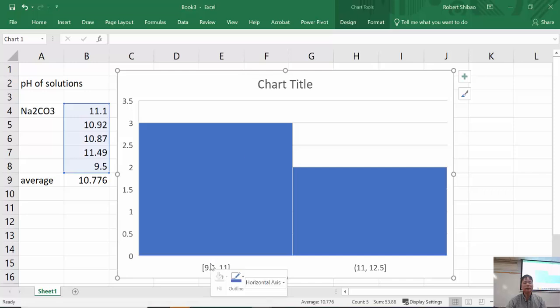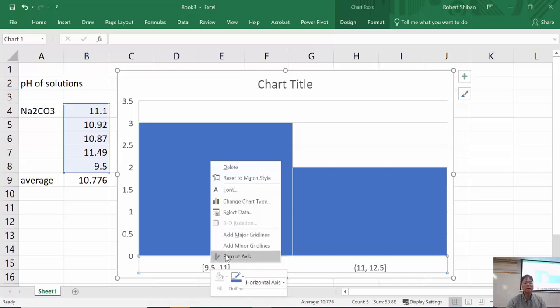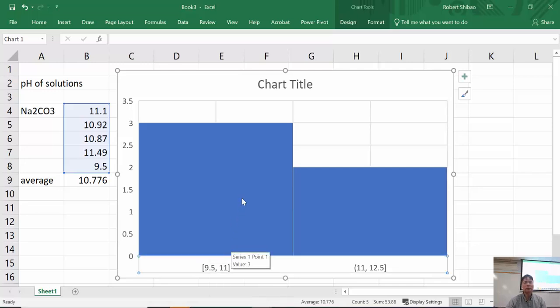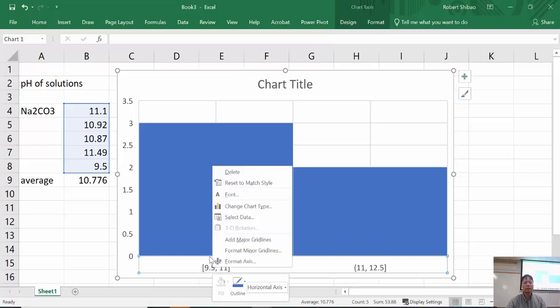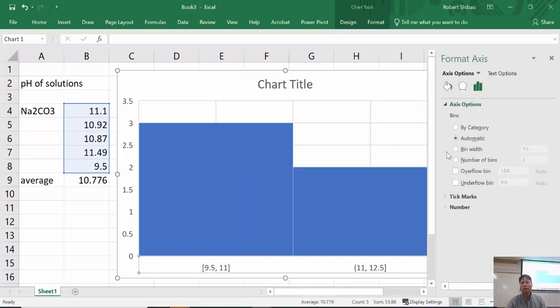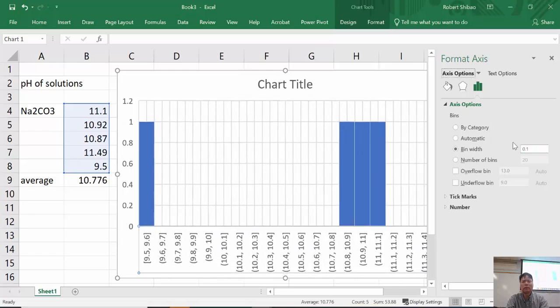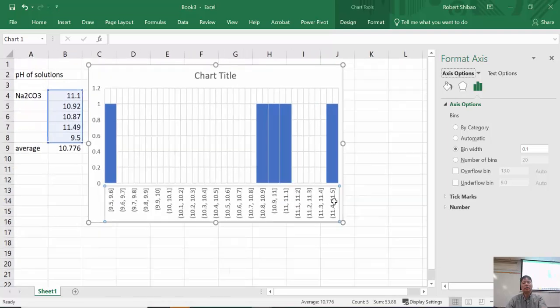Actually, I need to make these smaller, minor grid lines. Bin width 0.1.